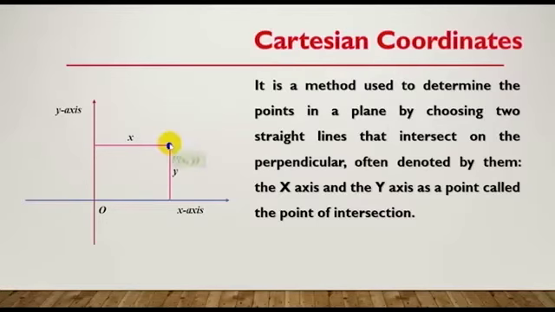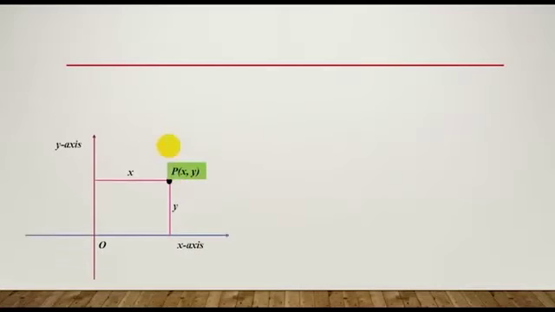This point will be P, and the position of P is how much we move on the x axis and how much we move from that on the y axis. That's what coordinates mean, and this is called Cartesian.